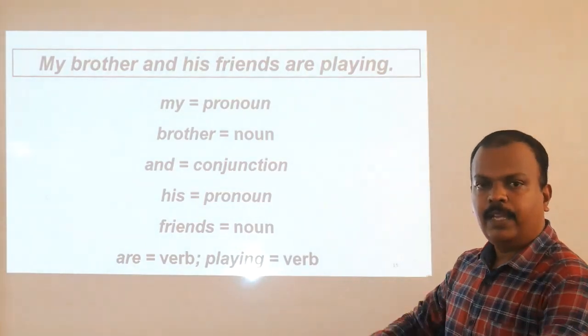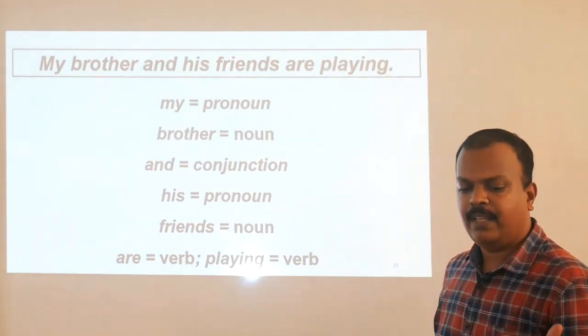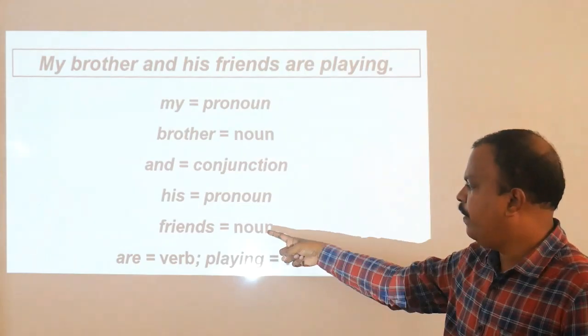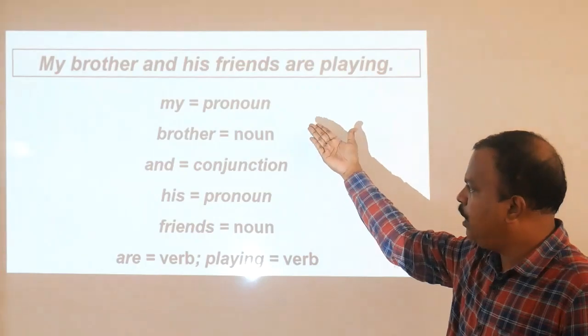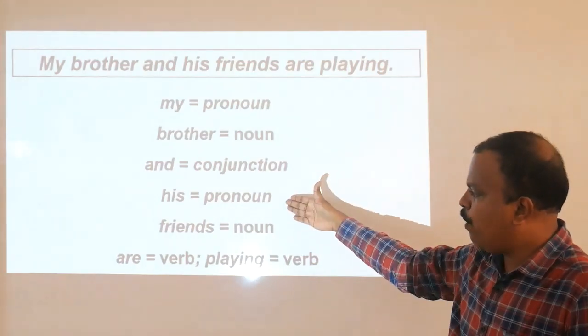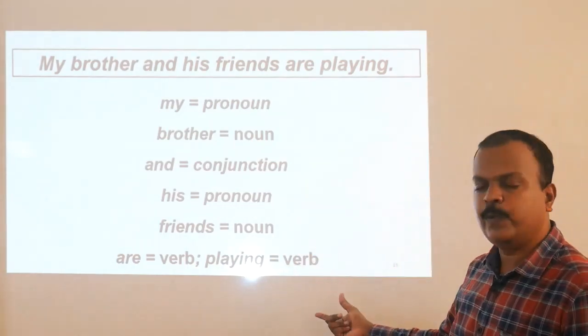My brother, his friends, both are connected with and. Again we have a pronoun here, which comes from he, and then friends, which is in plural form, is a noun. So pronoun, noun, conjunction, the connecting word, pronoun again, noun, are is a verb, and playing is also a verb.